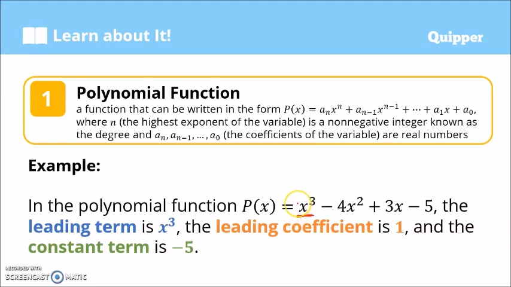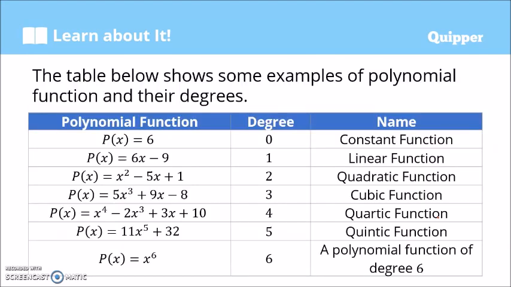So, since the coefficient of x cubed is 1, then we call that the leading coefficient. And the constant term is negative 5. Again, yung constant term, yun ang term na walang kasamang variable.